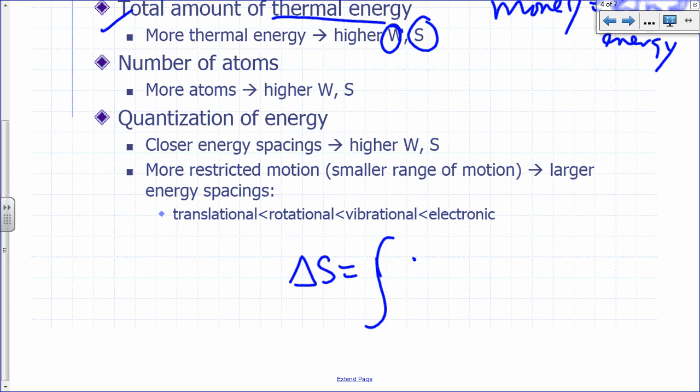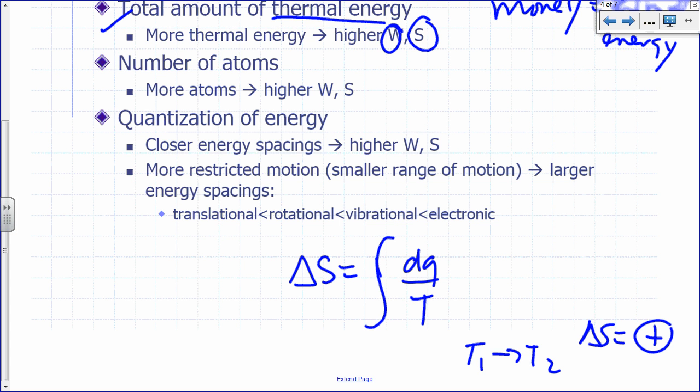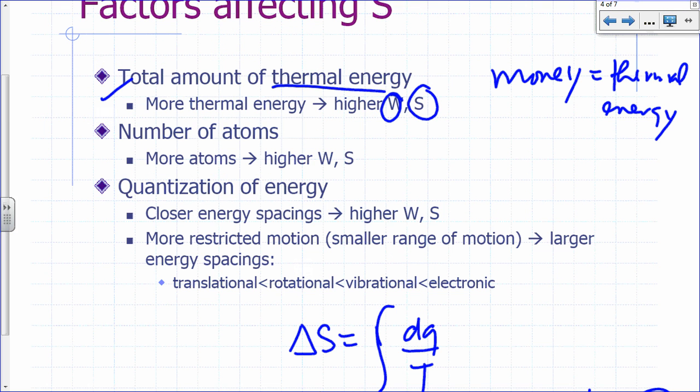Integral of dq over T. Right? By putting heat into your system, you're increasing the amount of thermal energy. So if your temperature goes up from T1 to T2, what happens to your entropy? Entropy increases, right?